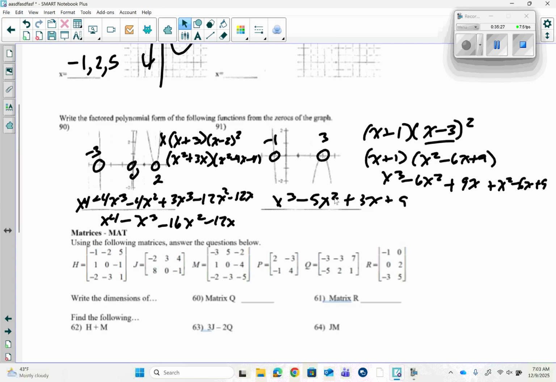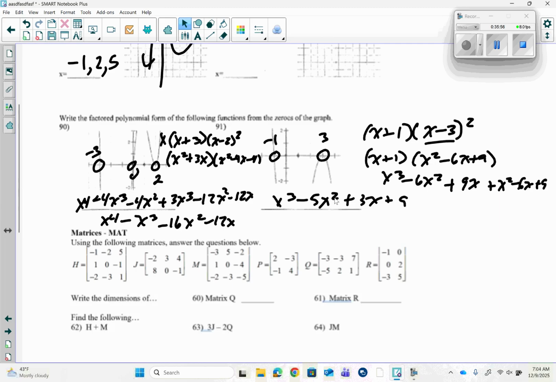M is going to be -3, 5, -2, 1, 0, -4, -2, -3, -5. P is going to be 2, -3, -1, and 4. Q is going to be -3, -3, 7, -5, 2, and 1. And R is going to be -1, 0, 0, 2, -3, and 5.